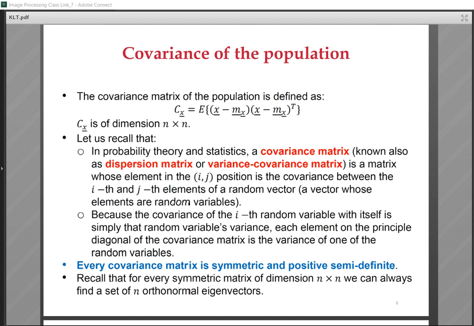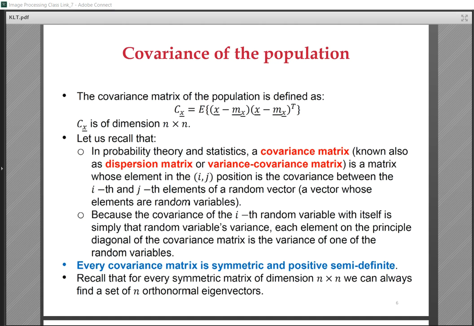What about the other items, ij, 1,2, 1,3, 2,5, etc.? These elements contain the covariance. ii contains variance and ij contains covariance. That's right. Every covariance matrix is symmetric and positive semi-definite.